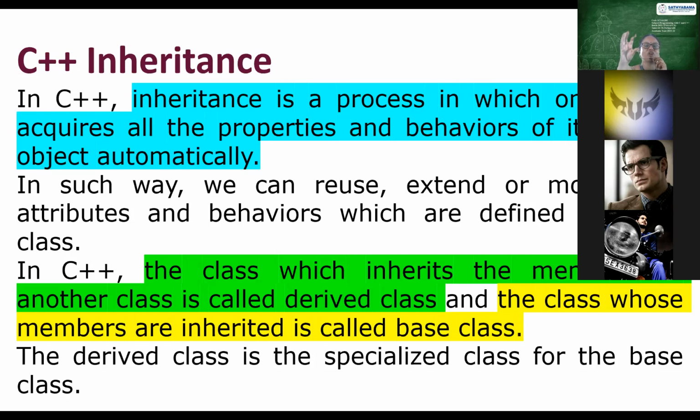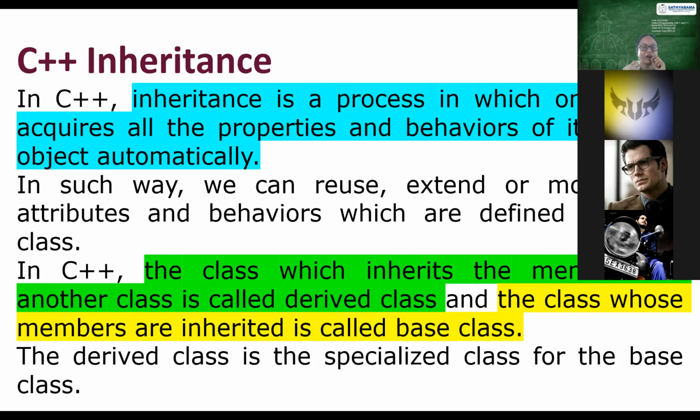A child class means what? It inherits the members from another class. That is a derived class. The class whose members are inherited is the base class. So we have two classes: one is the base class and another is the derived class. Now, what is inheritance?